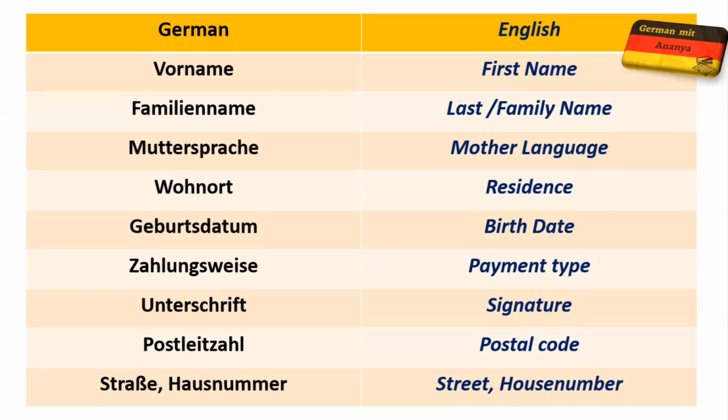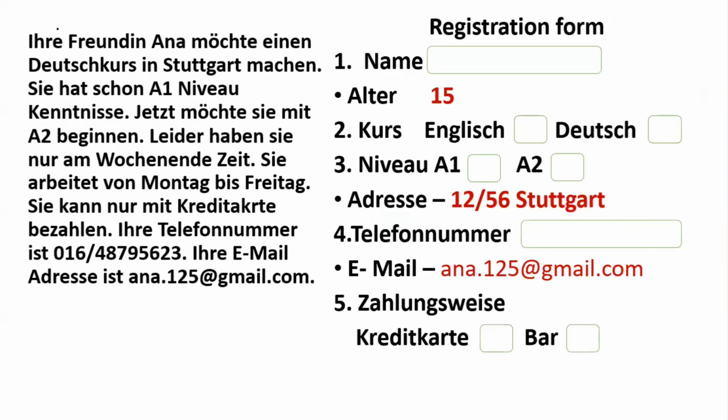Zahlungsweise, payment type. Unterschrift, signature. Postleitzahl, postal code. Straße, which means street, and Hausnummer is house number. Okay, so let's start with Teil 1.